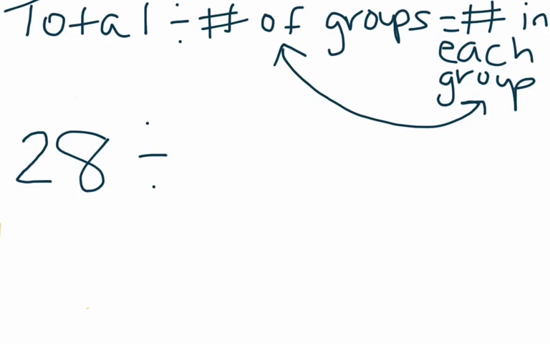I know that the number of groups is going to be 7 because there are 7 cars.